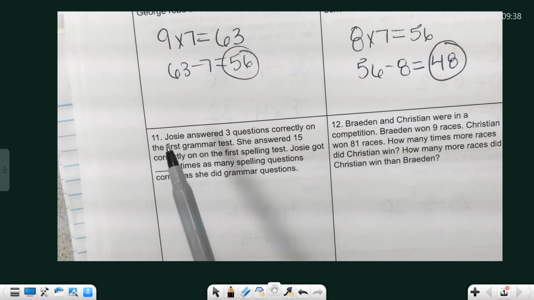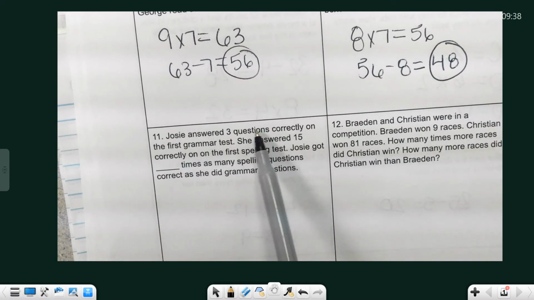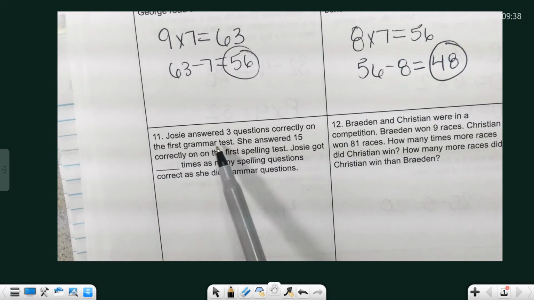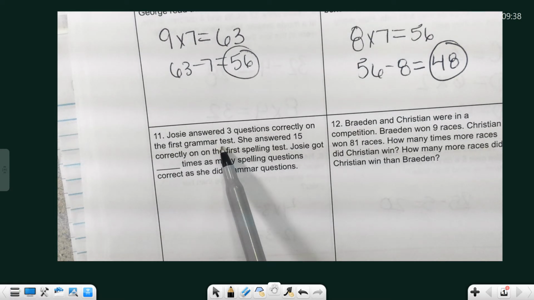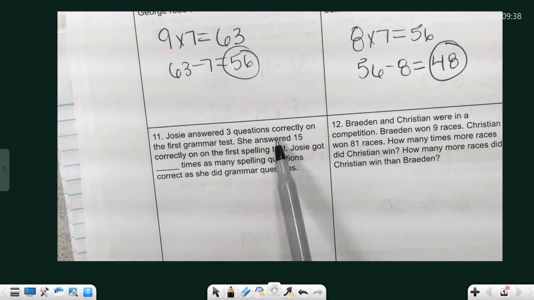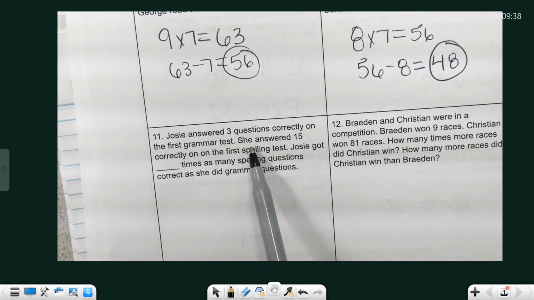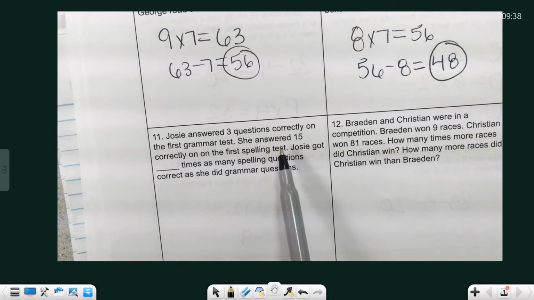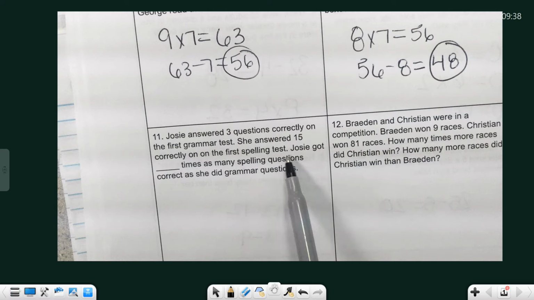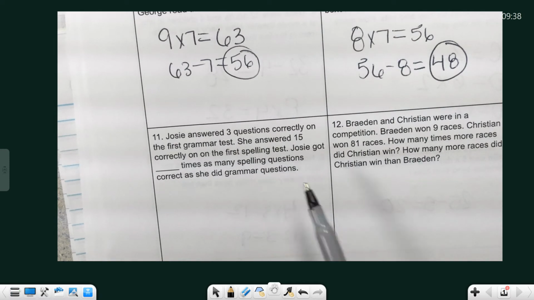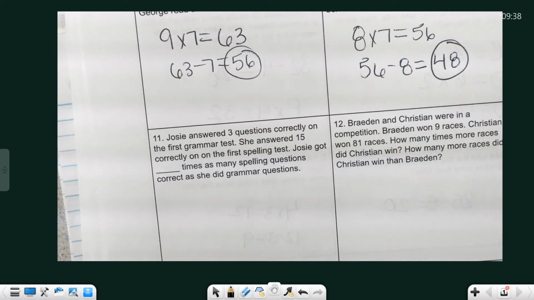All right, let's look at number 11. Let's focus. Josie answered 3 questions correctly on the first grammar test. She answered 15 correctly on the first spelling test.